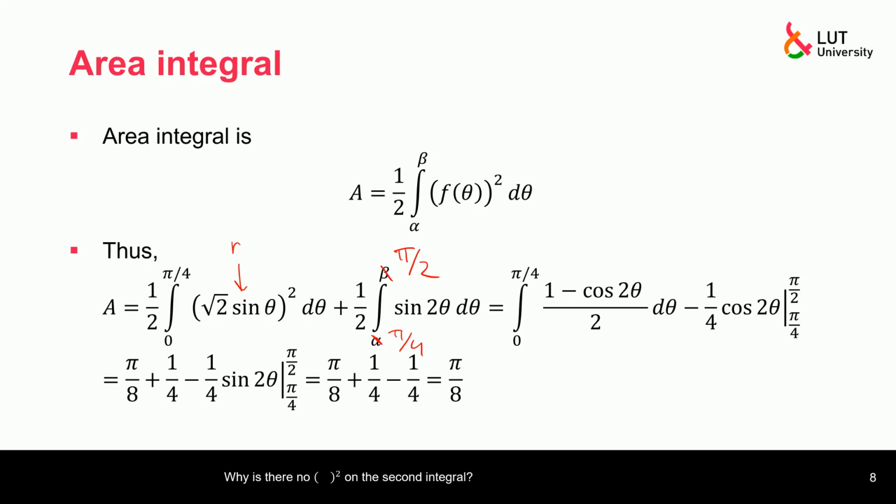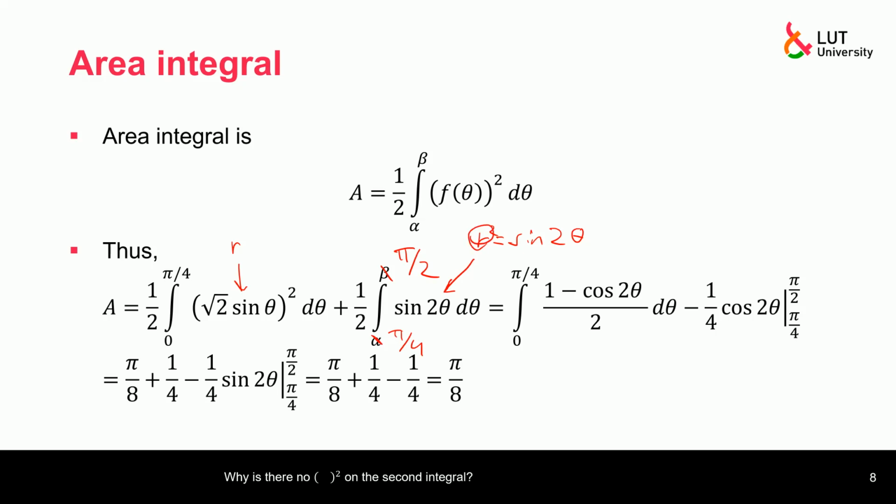And now this is not bottom and top, just added areas. So that segment plus this segment. And this here, yes, because we had defined the lemniscate as r squared equals sine 2 theta, we don't need to take the square anymore because it's already here as r squared.